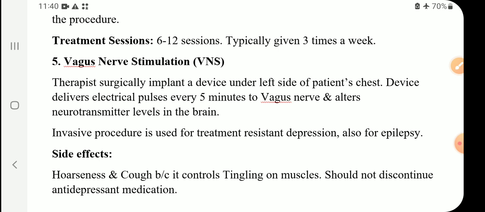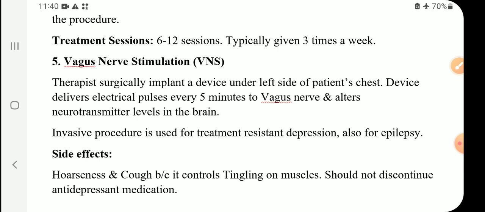This device delivers electrical pulses every 5 minutes to the nerves, and it also alters neurotransmitter levels in the brain. And this VNS therapy is mainly used for treatment resistant depression.